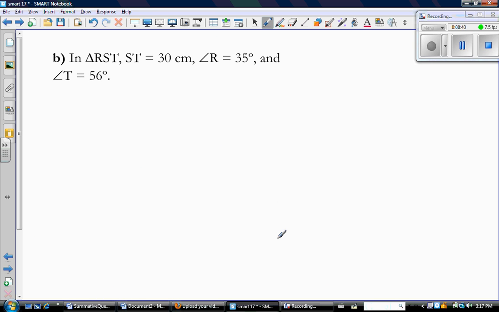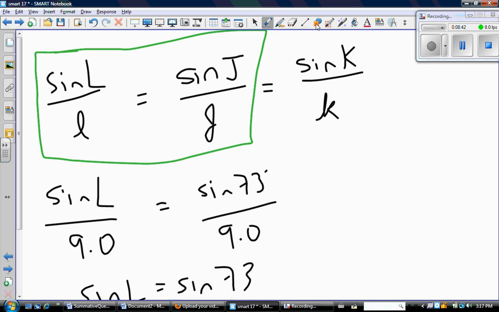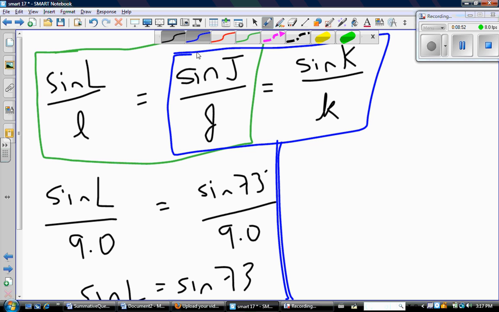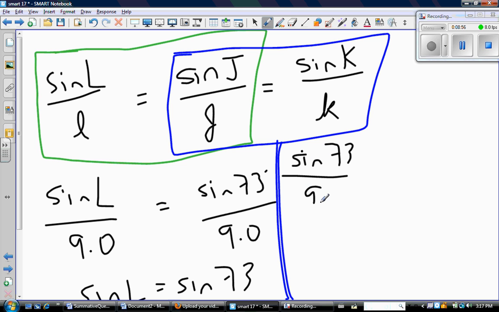So now I'm going to use this combination. So let me draw a line down my page here. And so this time I'm going to use K. So sine 73 over 9.0 equals sine K over 5.2.